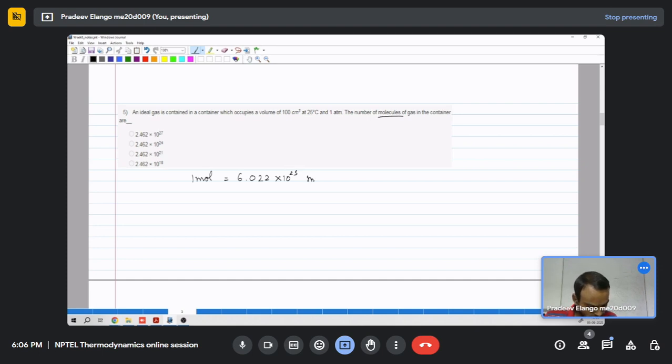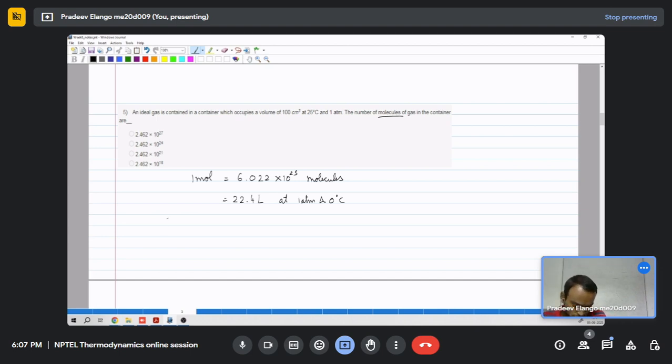Now this occupies 22.4 liters of volume at 1 atmosphere and 0 degrees Celsius. Now the temperature is different and also the volume is given. So using this we can back calculate the number of molecules.